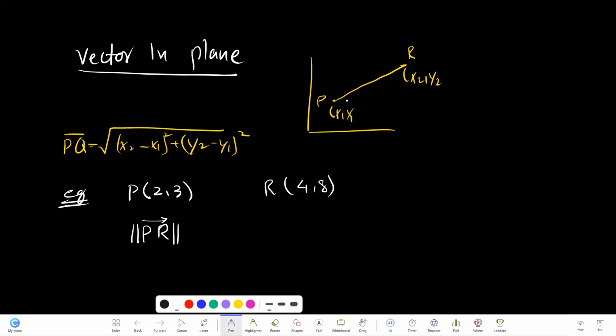Also, I'm saying PR, so I should be drawing a vector arrowhead here. And what I'm going to do is just substitute the values: 4 minus 2 squared plus 8 minus 3 squared. Okay.